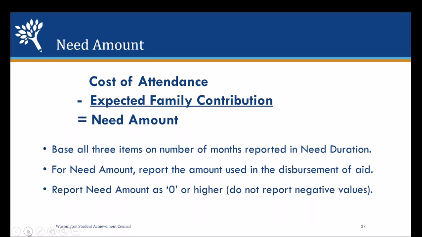For the need amount, report the amount used in the disbursement of aid. This is an area where we want you to report the need amount as 0 or higher. We do not want negative values here. You don't have a negative need for our purposes. It's 0 if it's a negative.